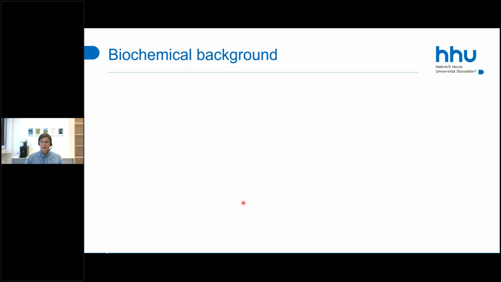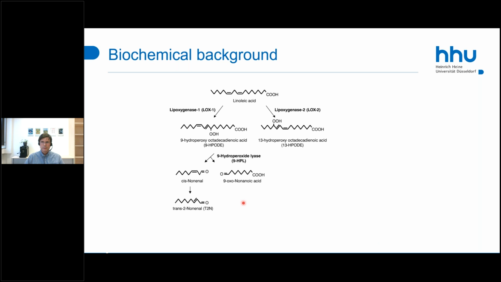If you look at the biochemical background, you can identify that this is due to oxidation, the oxidation of linoleic acid. The final product is given here, the trans-2-nonenal, and this makes this off flavor, this cardboard flavor of beer, due to the oxidation of the linoleic acid.